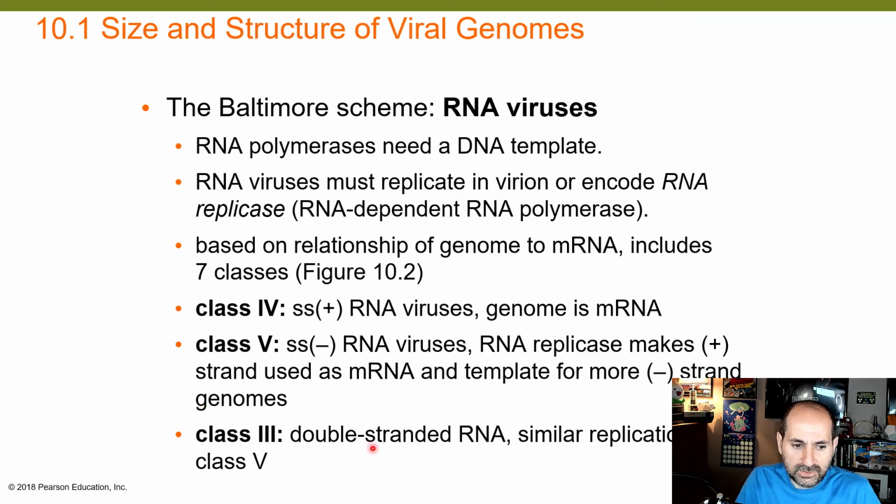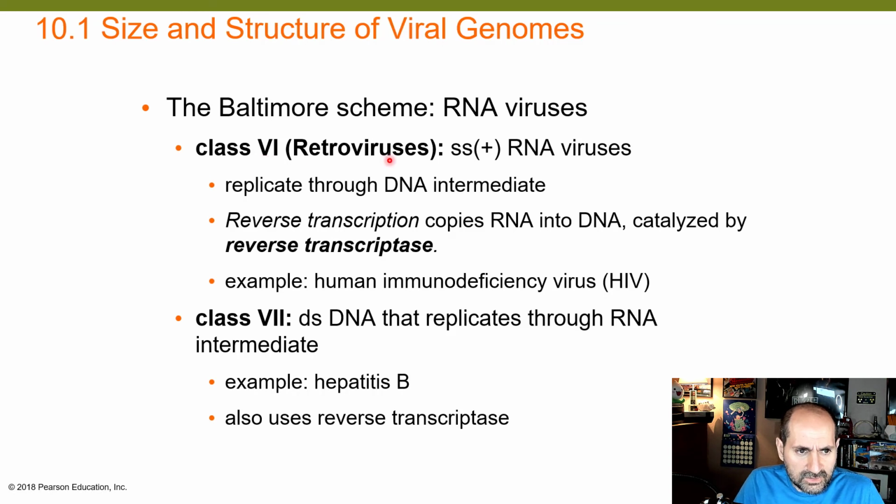Class 3, these are your double-strand RNA genomes, has a similar replication as class 5. So again, replicase would make positive sense mRNA. You can use that as mRNA and as template for more of the double-strand genome.